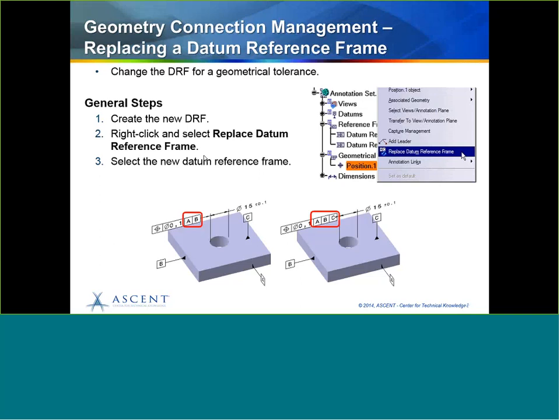We'll create the new datum reference frame, and that's a critical piece to using the replace datum reference frame option. Whatever datum reference frame you want to use as your replacement, it has to already be created before you try to use this tool. So you create the datum reference frame, you select the geometric tolerance that you want to change, right-click, select Replace Datum Reference Frame, and then select the new datum reference frame. And the system will automatically update that geometric tolerance to reflect the change.